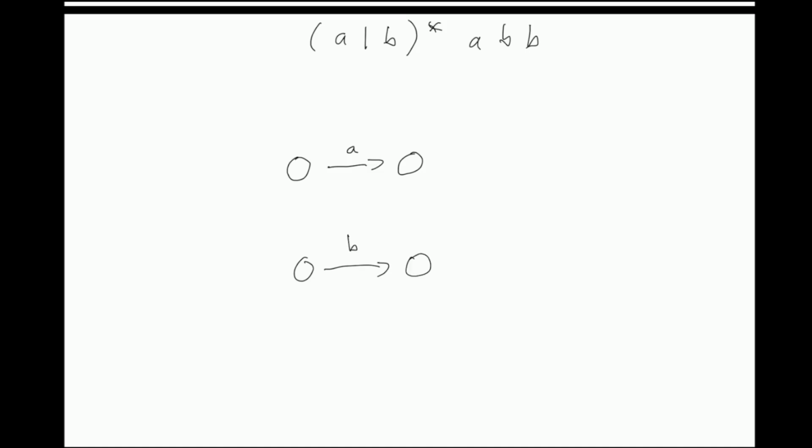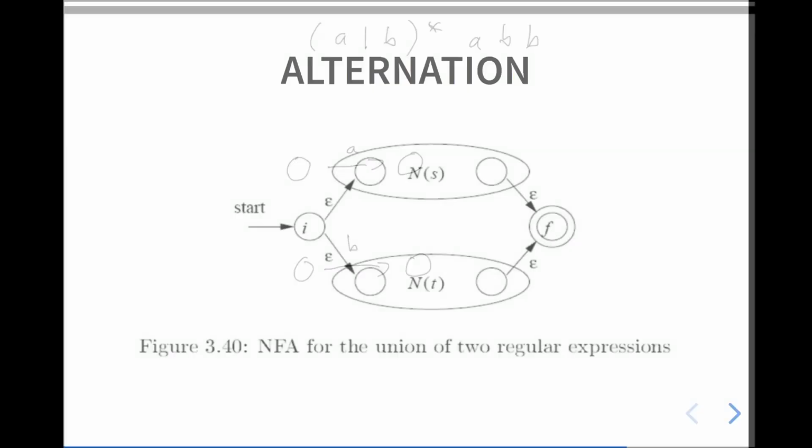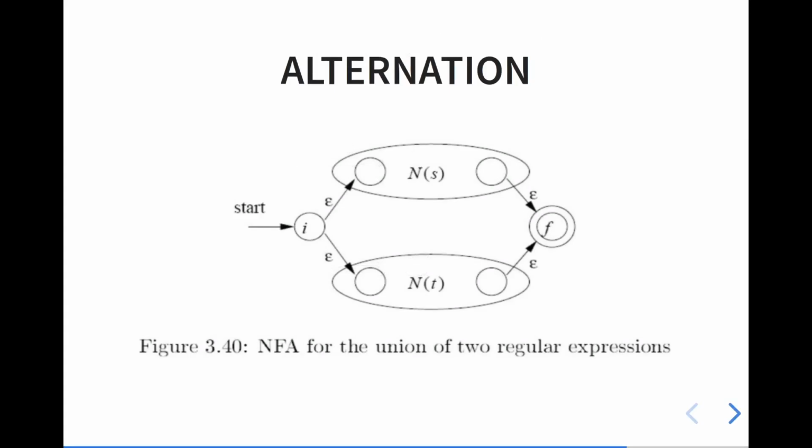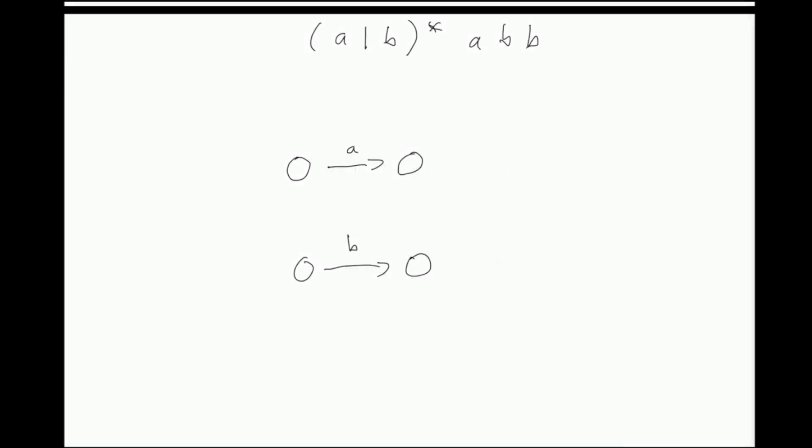Okay, so now we've got the two sub-expressions for the alternation operator. So let's take a look at our pattern for alternation. The idea was to take our two sub-expressions and construct these epsilon transitions to enter both sub-expressions at the same time.